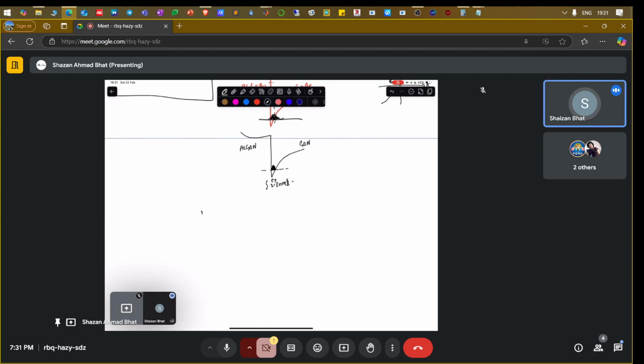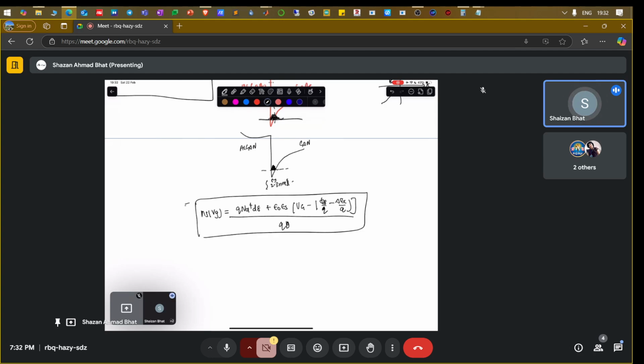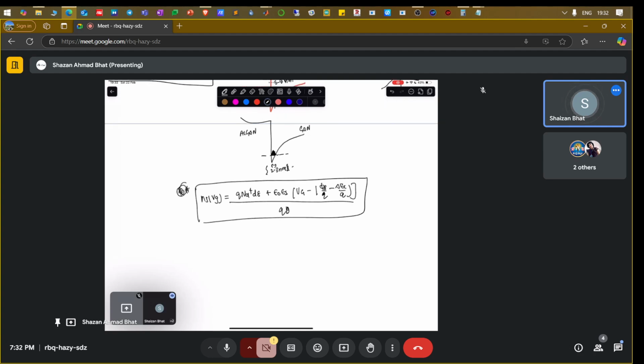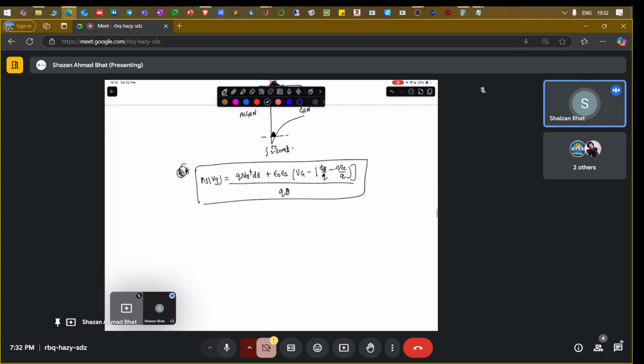Because you need to compute the NS as a function of VG, you get an equation which is q ND plus D delta, I'll talk about what these are, epsilon S epsilon naught times (VG minus phi B over q minus delta EC over q) divided by q times D. So this is the equation you get for the sheet charge as a function of gate voltage, how it is going to vary with gate voltage.